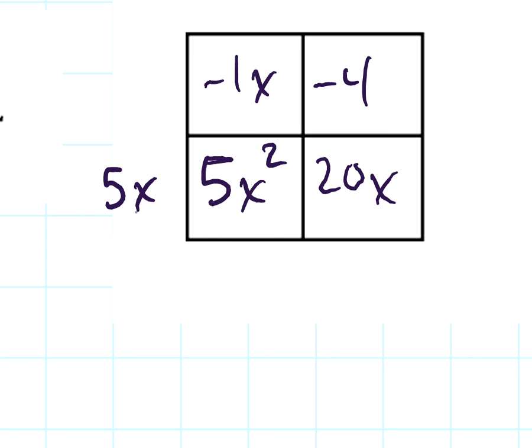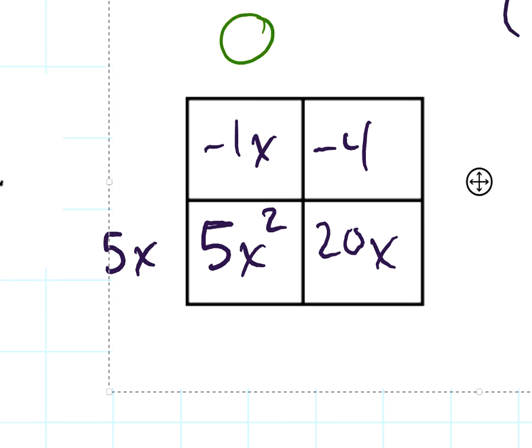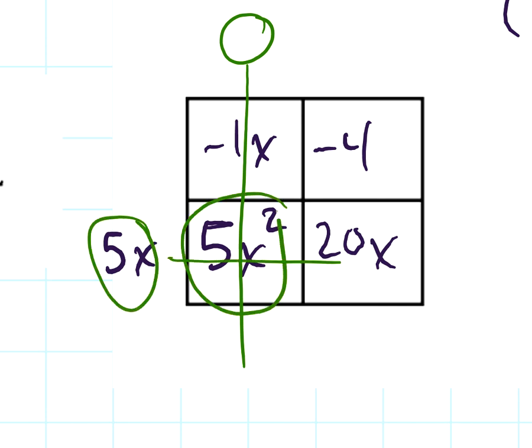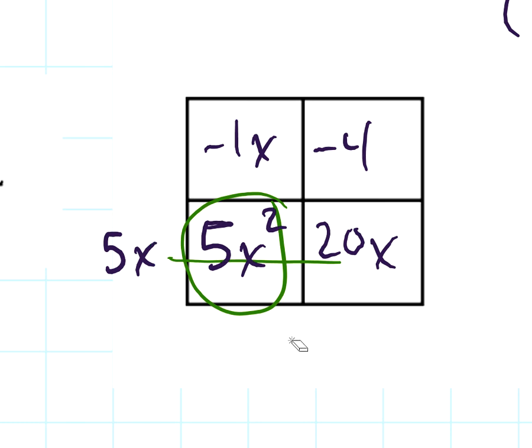And if that's a 5x, remember how this works. I'm going to multiply something that's going to live here times this to produce 5x squared. So what I need to multiply it by is just an x. So I'm going to put an x right here.